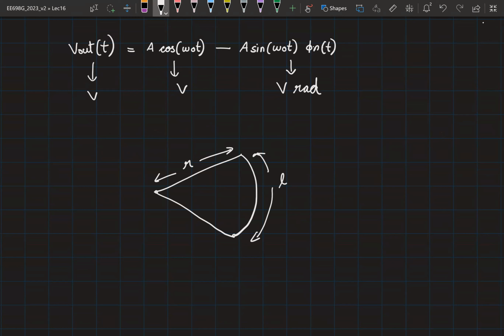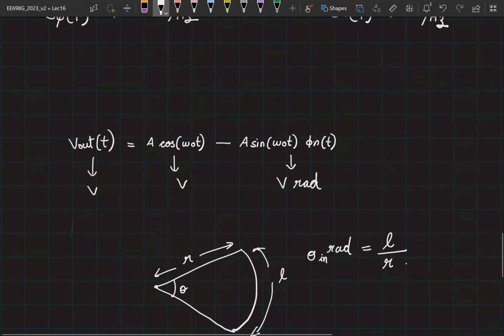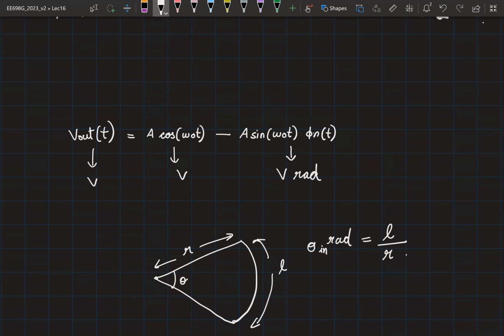Then an angle in radians is defined as L by R. So this is theta. So theta in radians is defined as L by R, right? Which means radians is dimensionless. Okay. Therefore, this equation, unit-wise, we have some difficulty in reconciling, but dimensionally, this equation is correct.